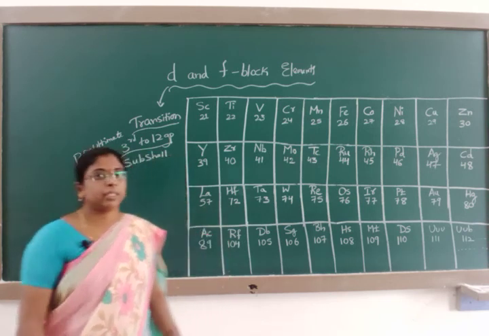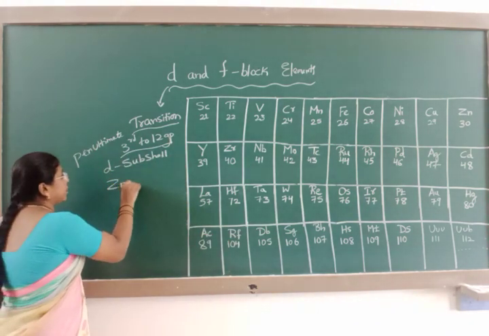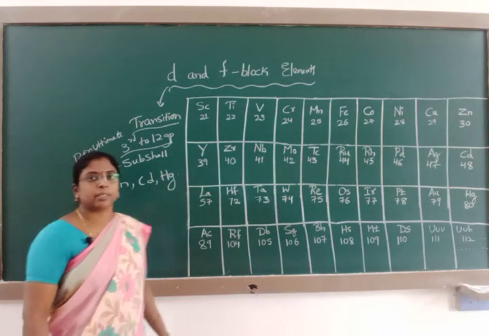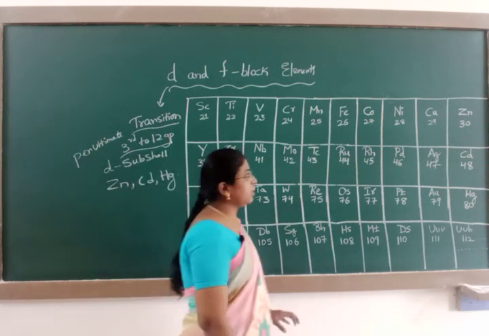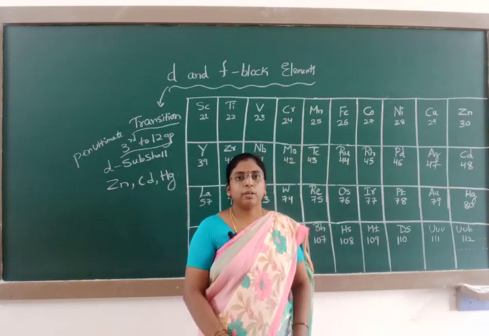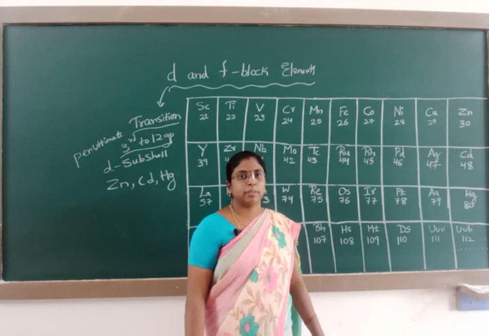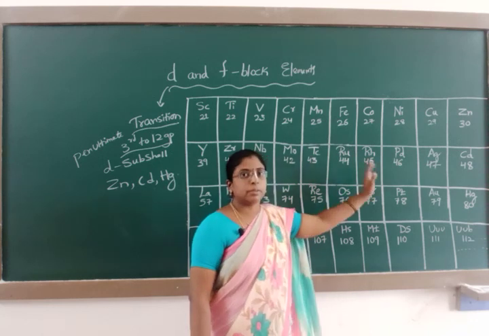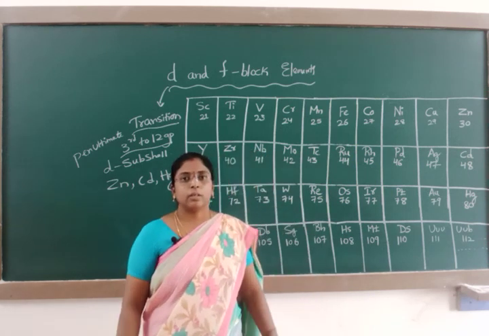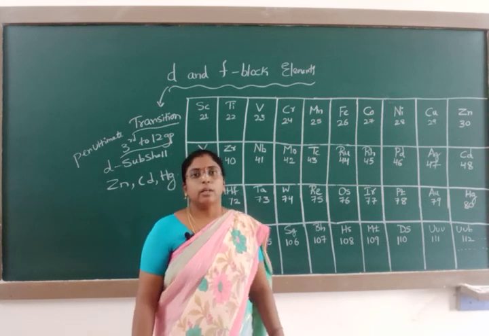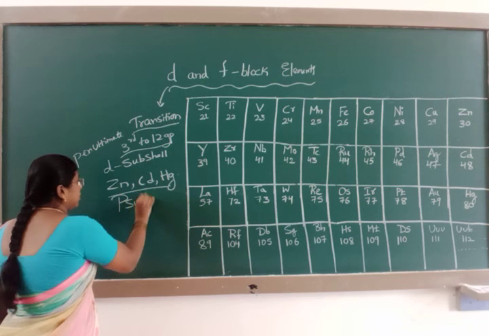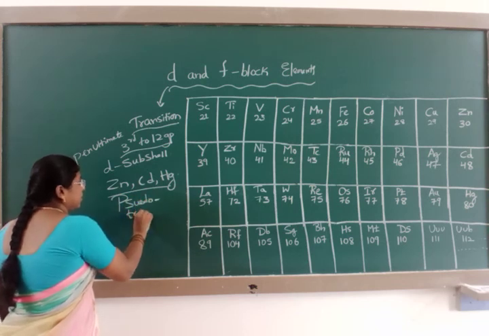For example, zinc, cadmium and mercury, in which the valence shell is completely filled, are not D block elements. But since their atomic number comes here, they are just placed in the D block, and they are known as pseudo transition elements.